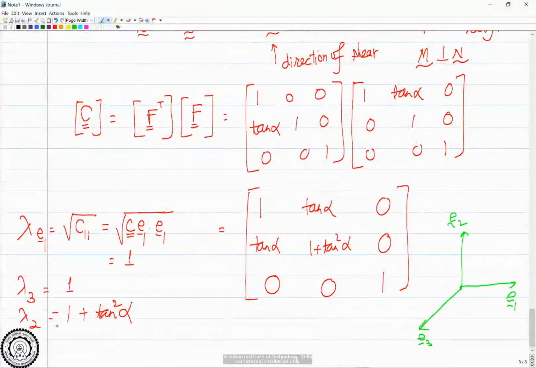So this is the original reference configuration, and after deformation, that's the deformed configuration.